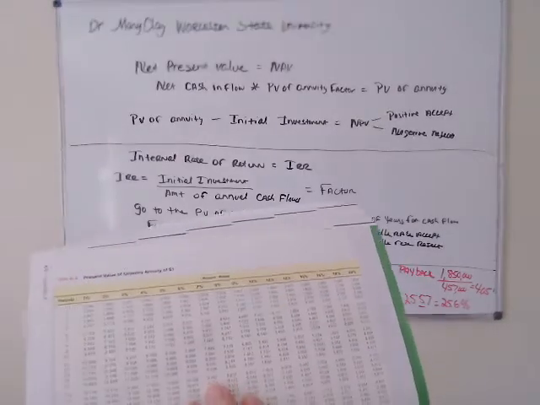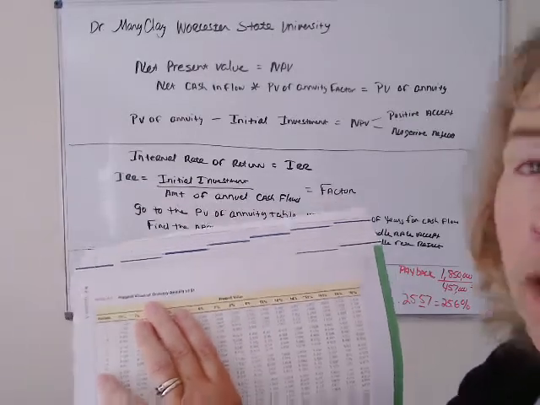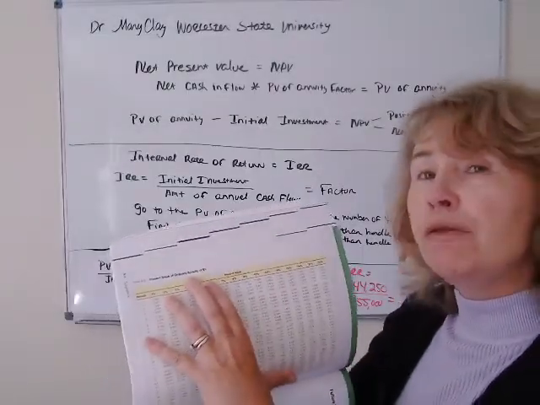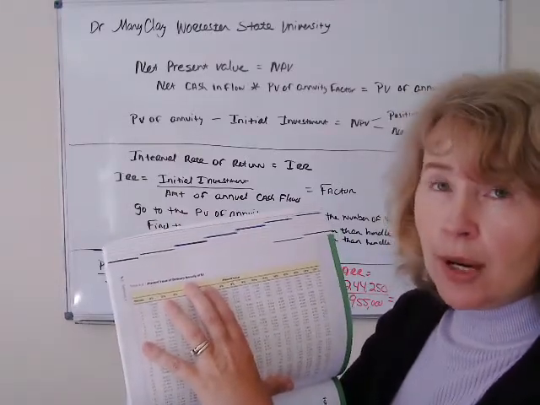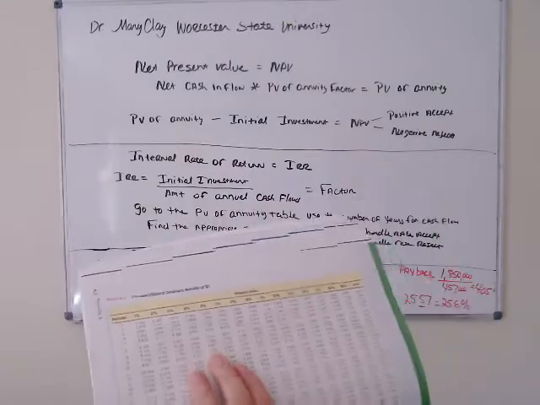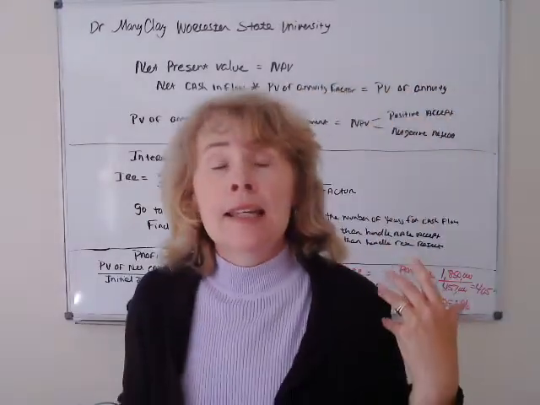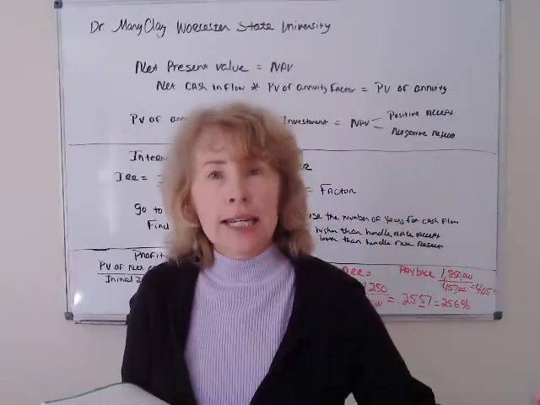We go to the next table, which is the present value of an ordinary annuity. For this class, we're going to focus on this table the most, pretty much the entire time. The present value of an ordinary annuity is used in the case of a cash flow where you have that same amount every year.